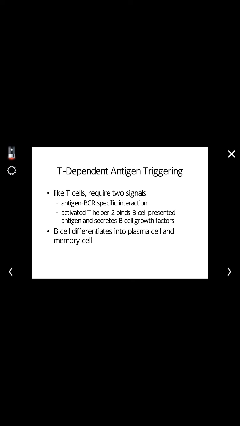T dependent activation, like T cells, requires two signals. First, antigen and BCR specific interactions, so this is like antigen-antibody specific interactions. Second, an activated T helper 2, so it is 2, not 1.